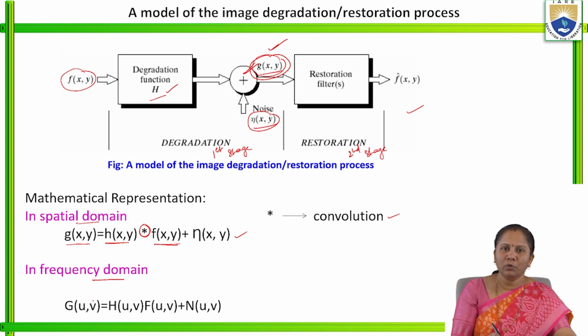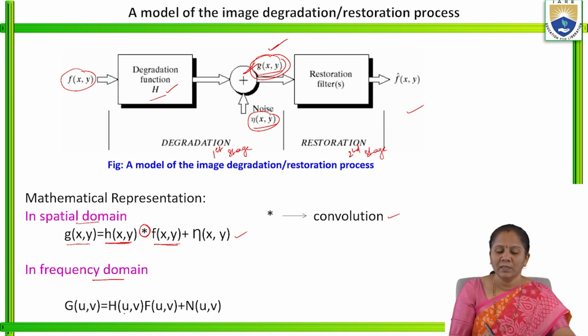In the frequency domain, g of x comma y becomes g of u comma v, which is equal to h of u comma v, the degradation function, into f of u comma v, since f of x comma y is replaced with f of u comma v, plus the additive noise eta of x comma y, which is represented as n of u comma v.